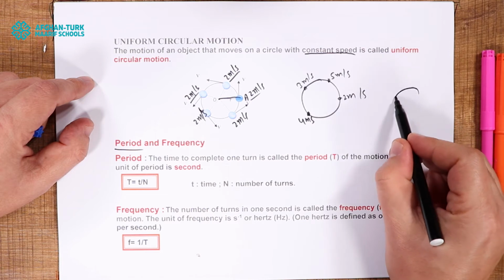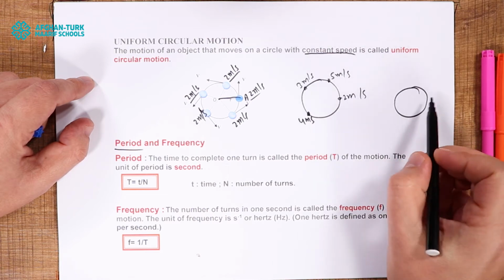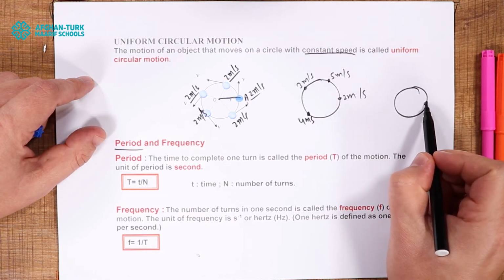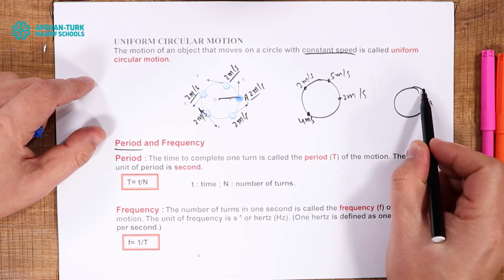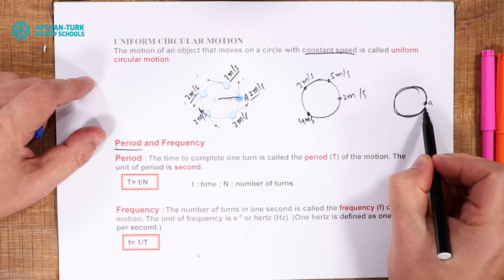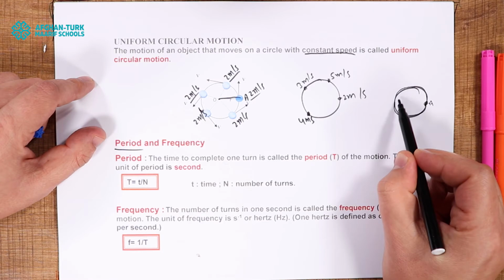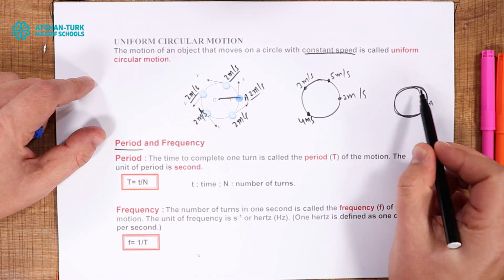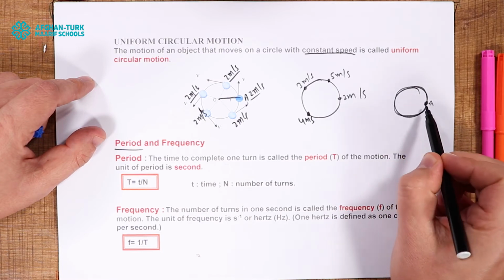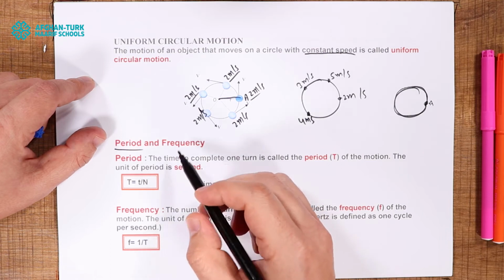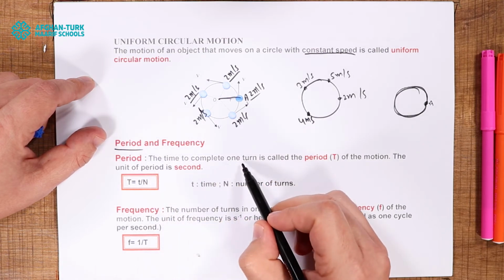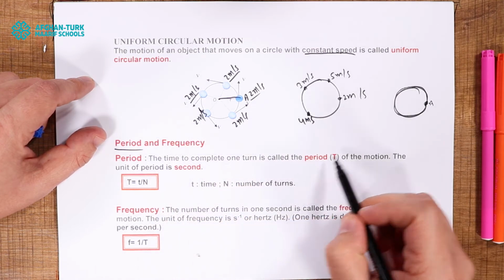For example, this is the circle. If the object starts the motion from point A and comes back again to point A, this is called one turn. Now what is period? The time to complete one turn is called period.